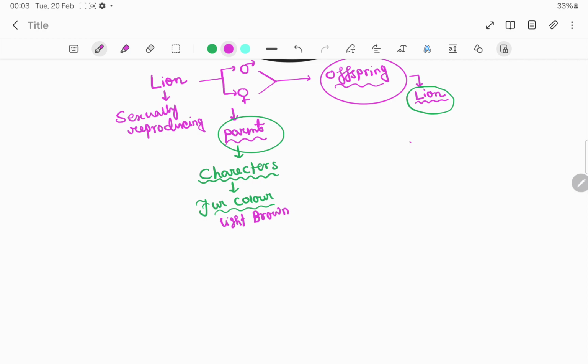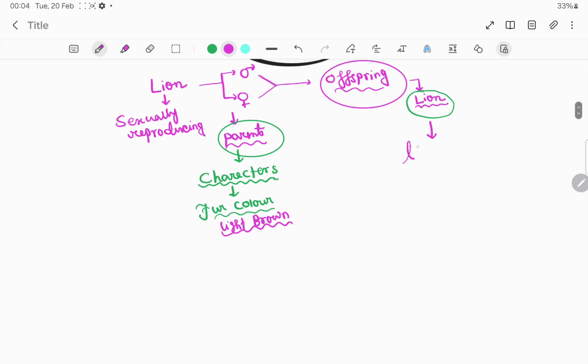Suppose the fur color of the parents is light brown. Now in the offspring which is produced, we also find that the fur color of that offspring is also light brown. So the fur color of parents which are involved in the sexual reproduction is light brown, and the offspring which is formed is also light brown.